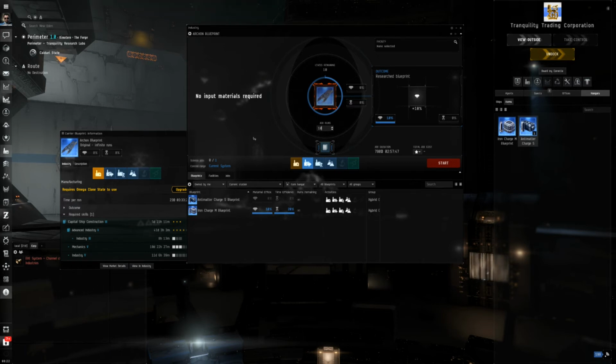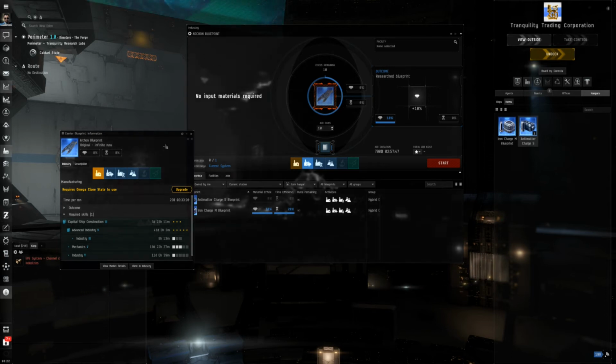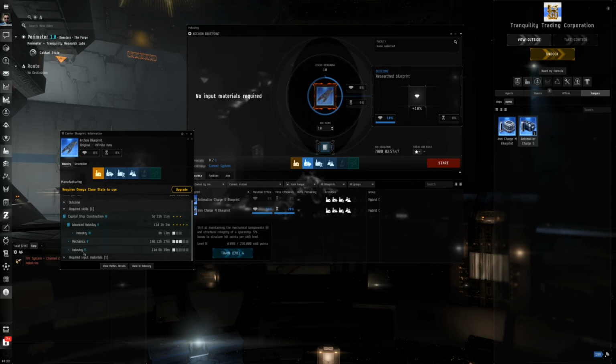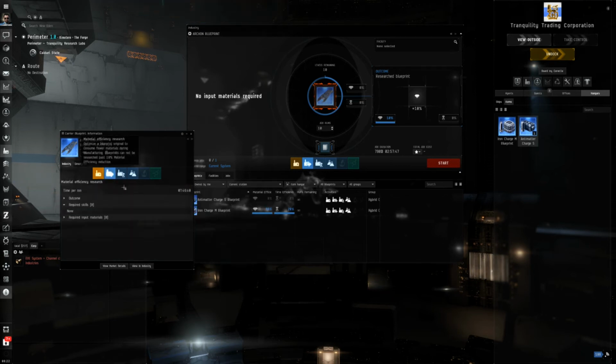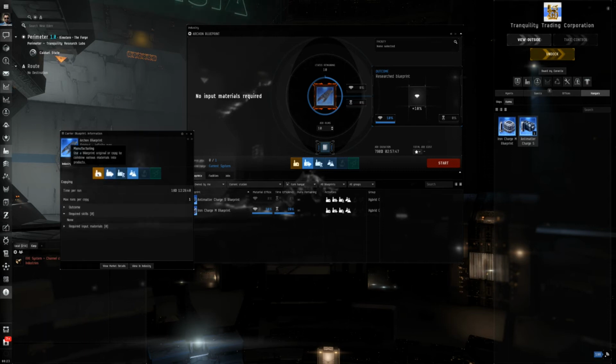So job duration in research varies quite a lot depending on the type of blueprint. And it is also interesting to see, however, that, for example, to build an Archon, you would need capital ship construction, advanced industries, blah blah blah, so quite a lot of skills, while researching it does not require any specific skill, and neither does copying.